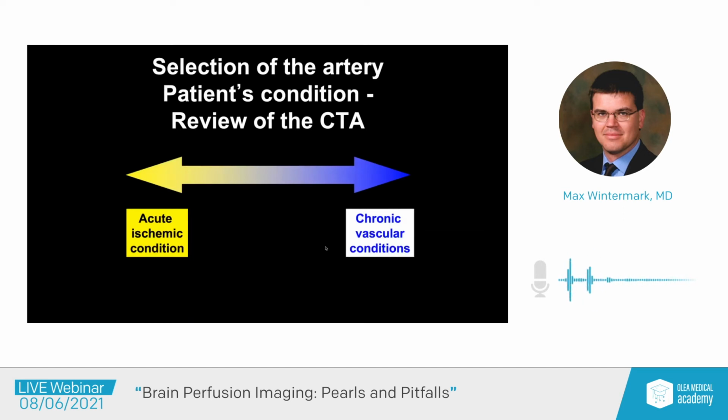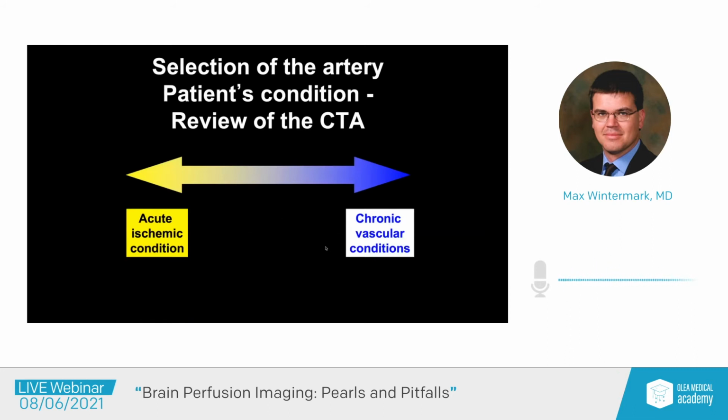The difficulty in the setting of the selection of the artery is you have really a range of conditions that go from an acute ischemic condition on the one hand, where you just have a clot that acutely obstructs an artery. And then you have at the completely other end of the spectrum, chronic vascular conditions.